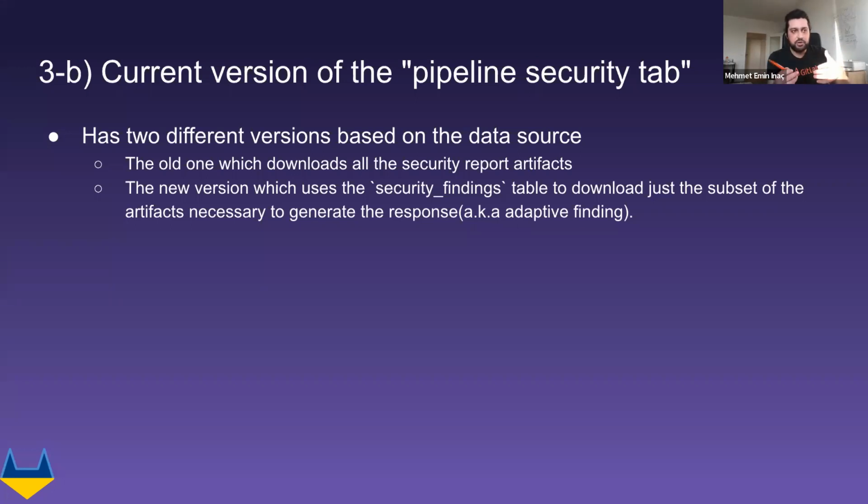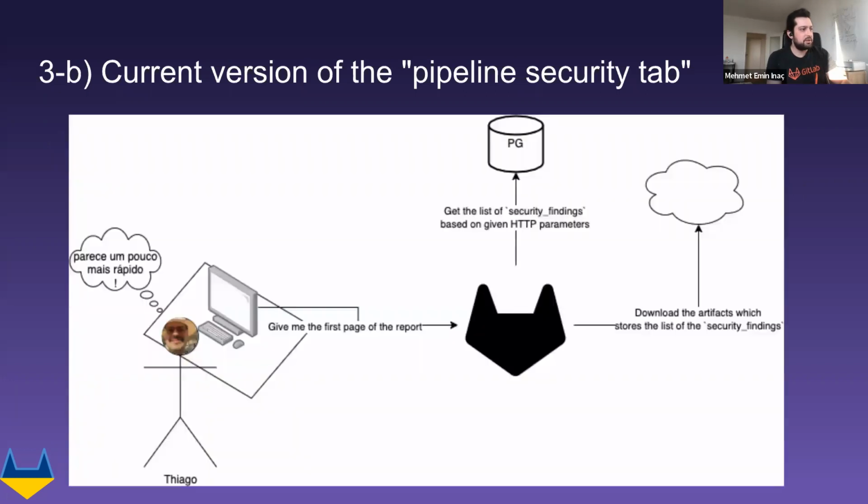When we receive the request, we calculate the page content and then check the security findings to understand which artifacts to download. So instead of downloading all artifacts, we download one or more artifacts. So this was working better than the old one.